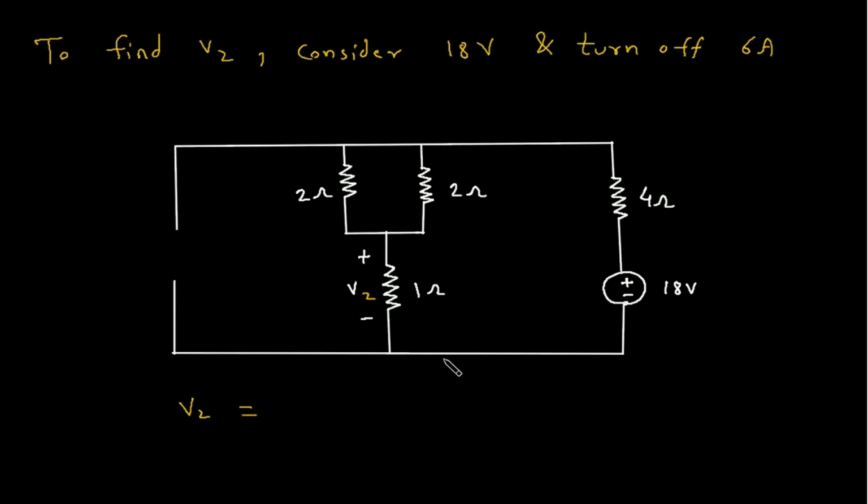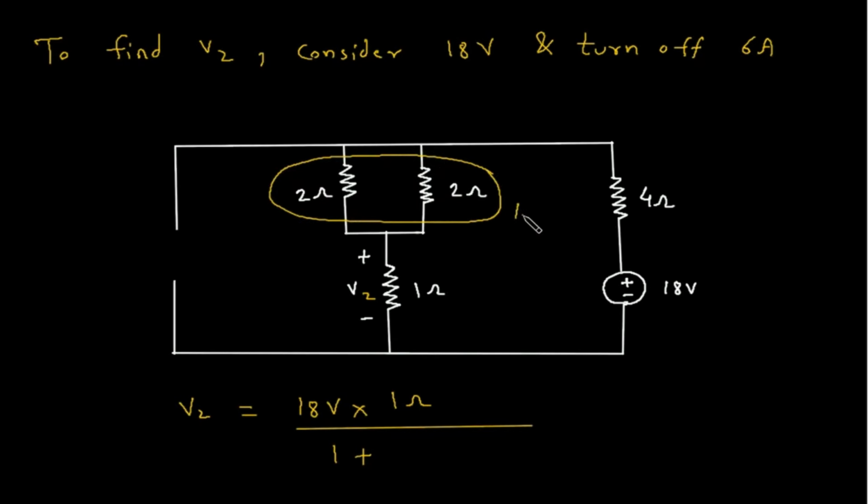So this will be 18 volt into this resistance, which is 1 ohm, by total. Total will be 1 plus this 2 ohm parallel with 2 ohm. So this will be 1 ohm. So this 1 ohm, then this 4 ohm.